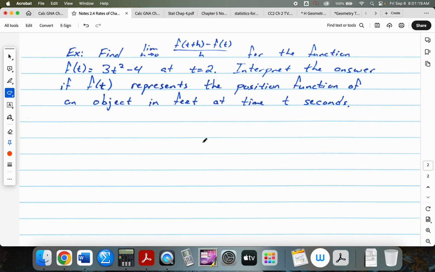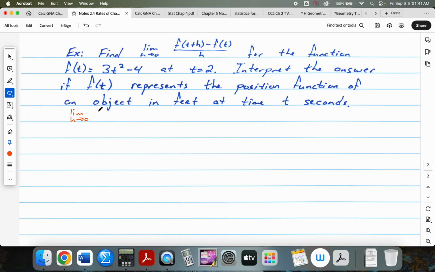So, if we take the limit as h goes to 0 of, let's go ahead and do the t plus h. It's not a bad idea to write it out every time for a while until you're sure you have this memorized, because this is a really important idea.